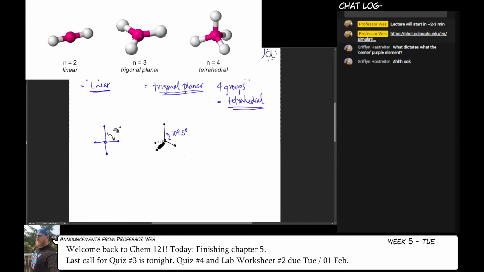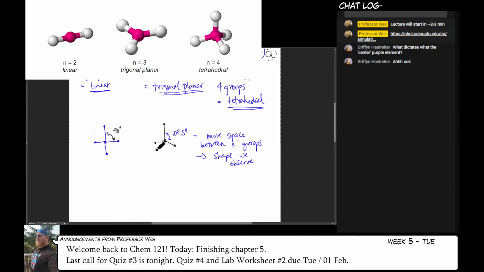Turns out this is the bond angle. And when we get a larger bond angle, that allows us to have more space between the electrons, and thus is the shape that you see.